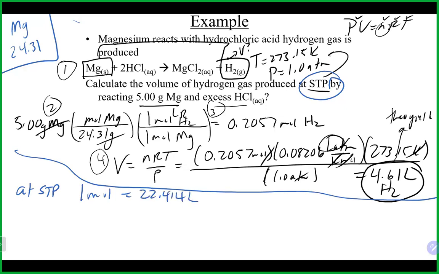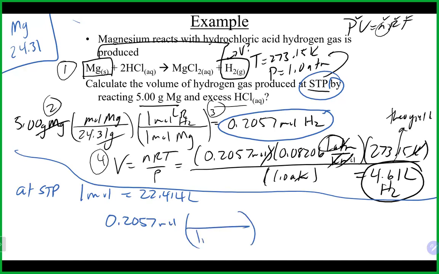So what we could have done is, because this is at STP, got our moles of hydrogen and basically just use that conversion there without having to use the ideal gas law. Moles will cancel and it will get you over there as well. So again, this is a place where you could have kind of snuck in that calculation if you wanted to.